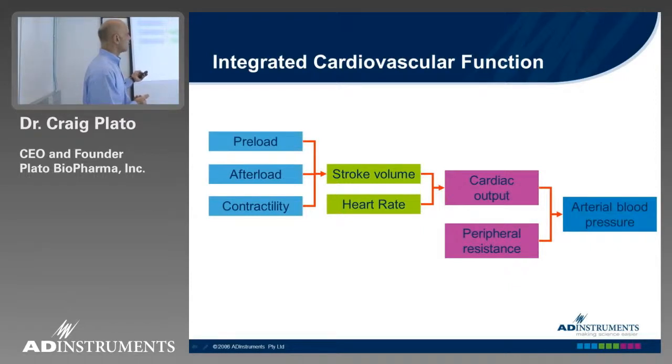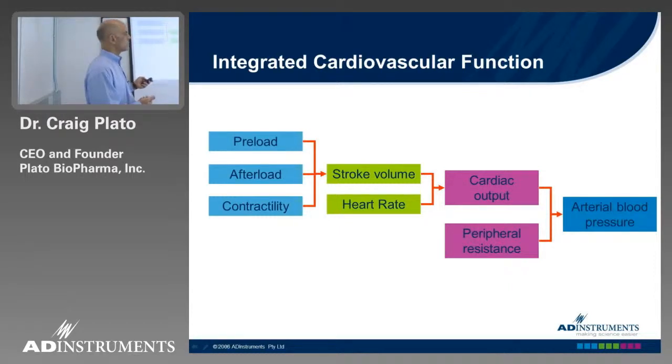And heart rate will also influence cardiac output, right? So cardiac output is the product of stroke volume times heart rate. The amount of blood being pumped out on a per beat basis times the number of beats per minute will give us the amount of flow being generated by the heart.